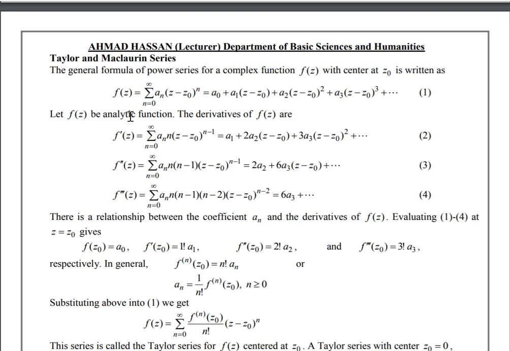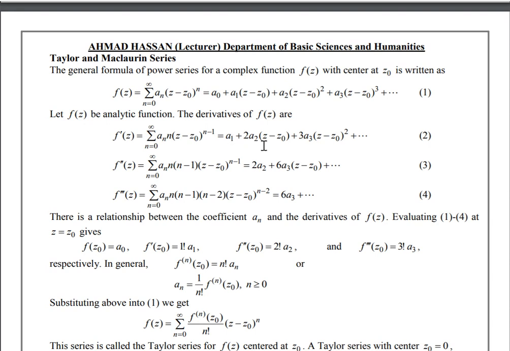Okay, we simply differentiate f(z). a₀ is constant, so its derivative is 0, and a₁ is left. Here the derivative is 2a₂ times (z − z₀). This derivative is 3a₃ times (z − z₀)². Similarly, for the next derivative, differentiating a₁ gives 0.